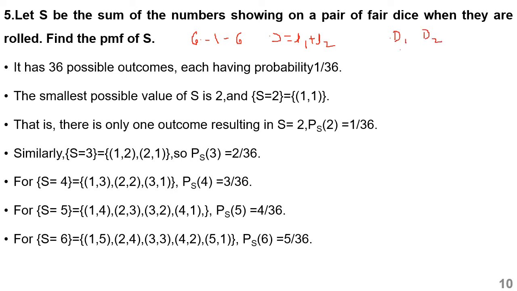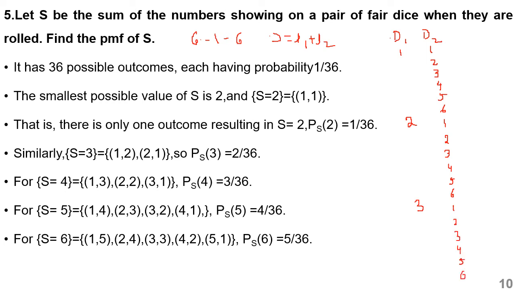When D1 shows 1, D2 can show 1, 2, 3, 4, 5, or 6. When D1 has 2, D2 can be 1, 2, 3, 4, 5, 6. Similarly, when D1 has 3, D2 can take 1, 2, 3, 4, 5, 6.